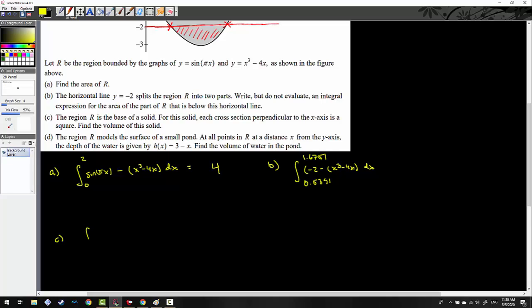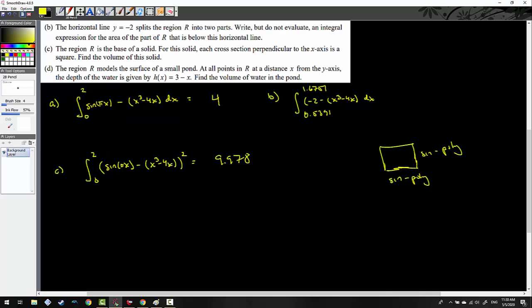From here, this is going to be the integral from 0 to 2, since it's the entire region of R. And in this case, it's going to be top minus bottom again, so sine of pi x minus (x cubed minus 4x), and that all is going to be squared. And that's because, remember, it's a square, right? And the distance of the square is the sine minus the poly, which means the height will have to be the same thing. And once I evaluate that in the calculator, that's going to be 9.978.